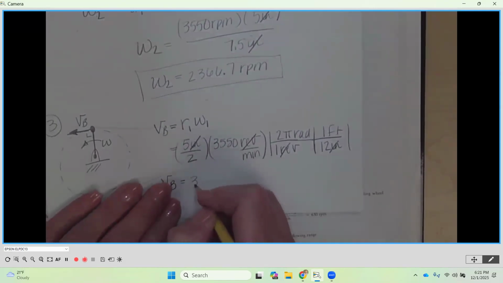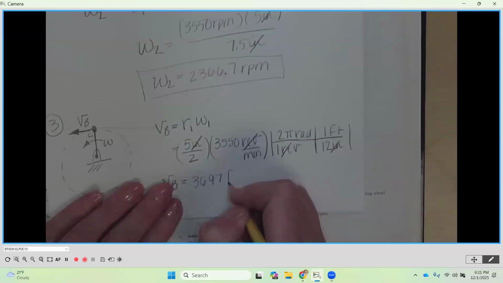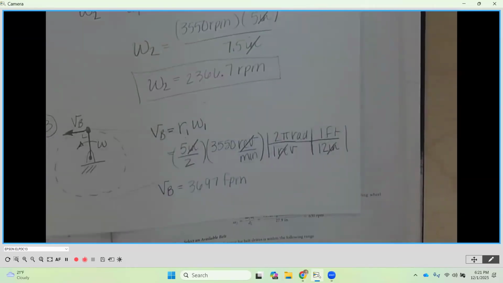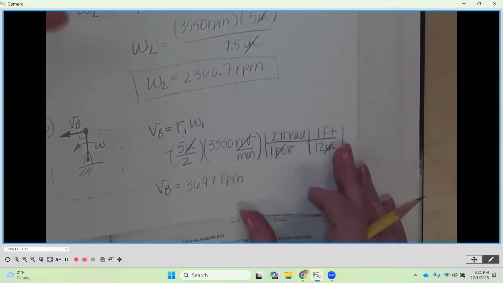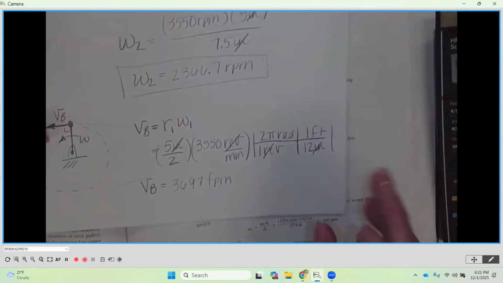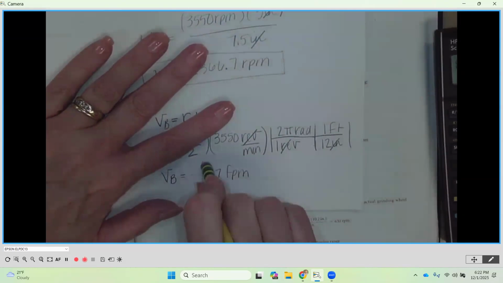3,697 feet per minute. Anybody else get that same number? I didn't get there quite that fast, Nick. You didn't? Okay. I'm just looking, hold on. Oops, it looks like 4,647. So try again, Nicholas.